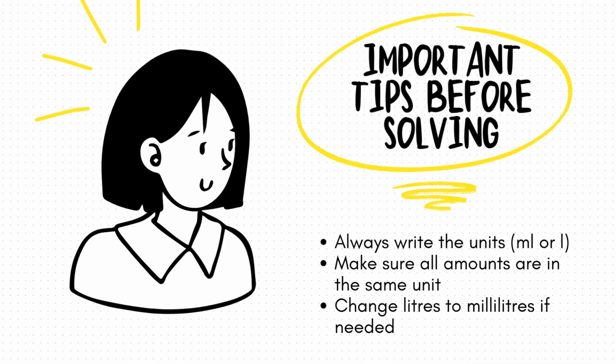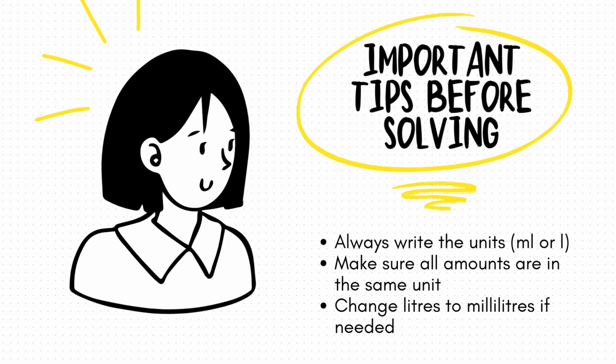So before solving, we must check, are all the numbers in the same units? If not, convert them. That means, is all of the units milliliters or liters? If you see milliliters and liters, you have to convert one of them to another. Remember, we convert units, we change units, milliliters and liters.